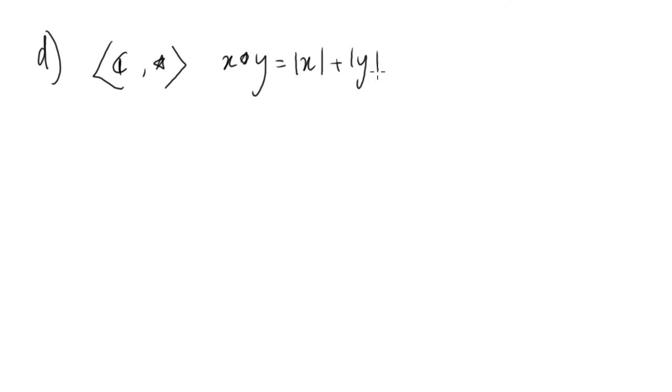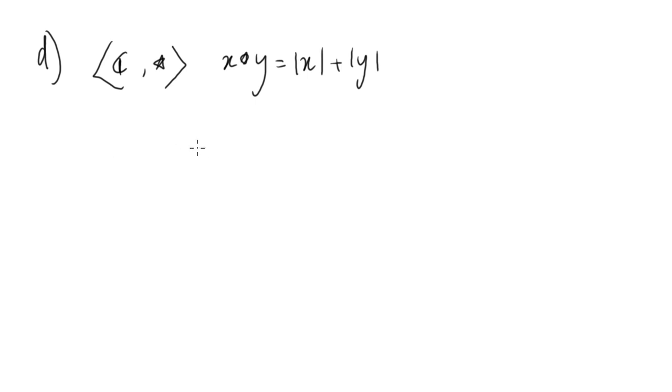And last but not least, part D, which is the complex numbers, under the same binary operation, where x combined with y is equal to the magnitude of x plus the magnitude of y.